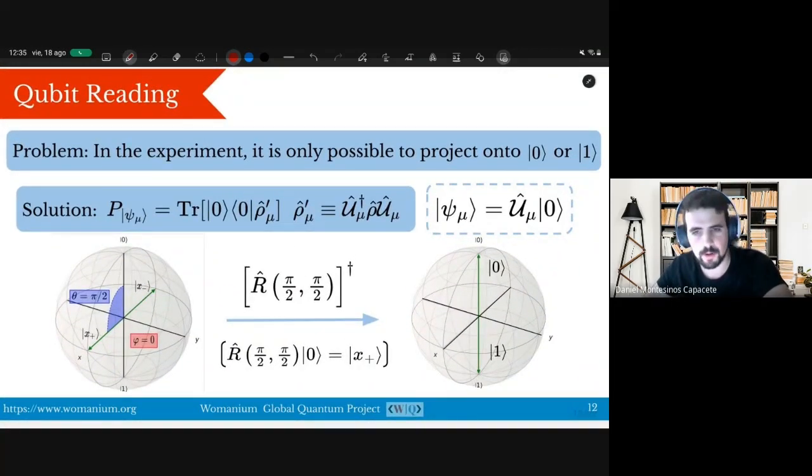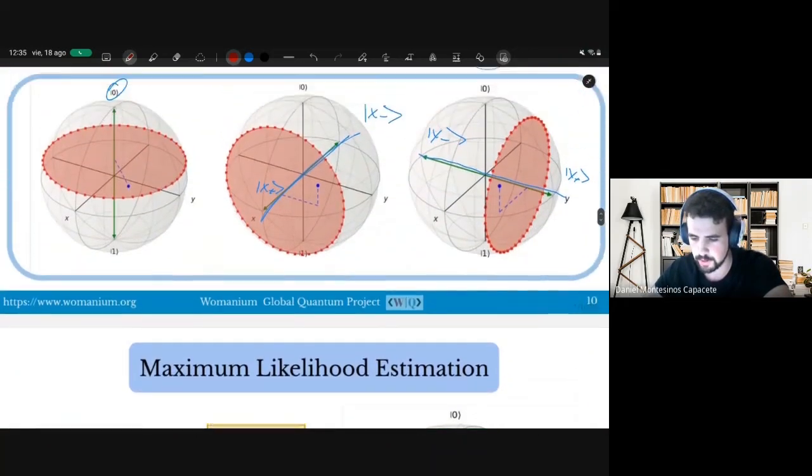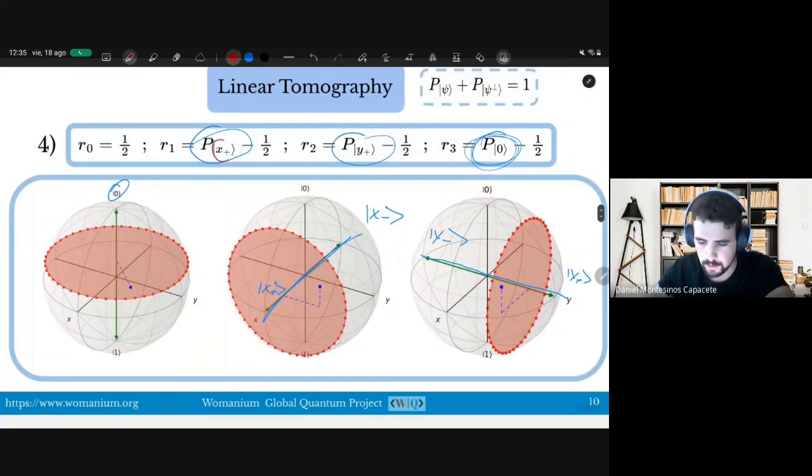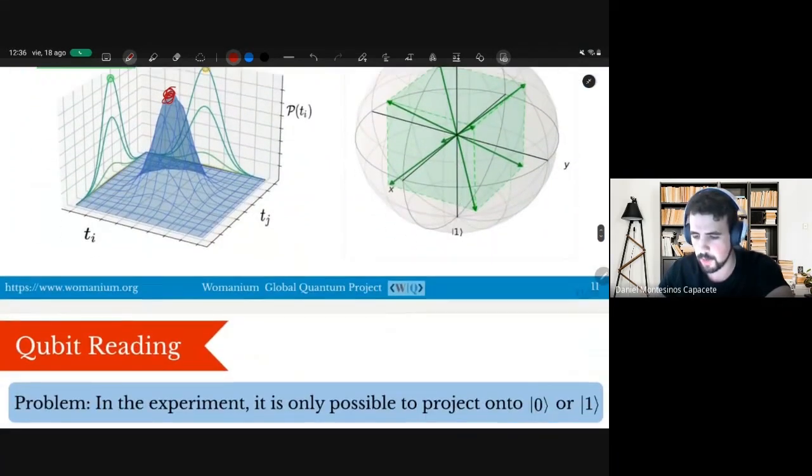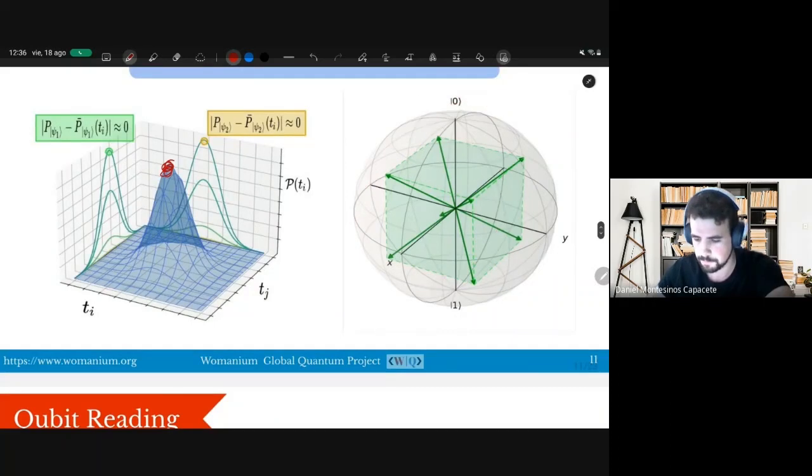But there is a problem, because in order to do this, we need to measure different vectors, I mean, if our qubit is in different states, whether it's the 0 state, or the x plus state, or the y plus state. And the same happens in this case.